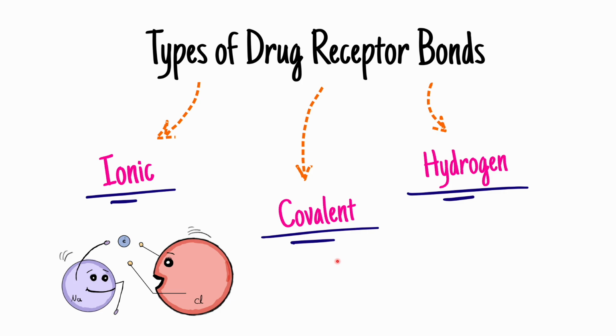That's why when a drug interacts with a receptor in a covalent bond, the drug will stay in touch with the receptor, and the only way for the body to eliminate it is to get rid of the drug and the receptor altogether and synthesize a new receptor.